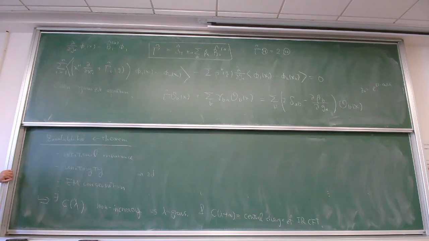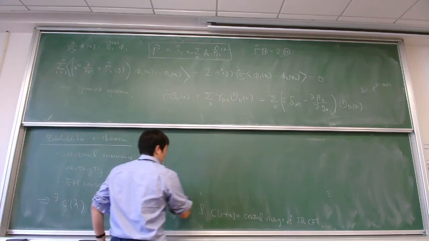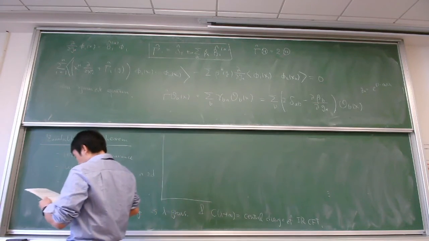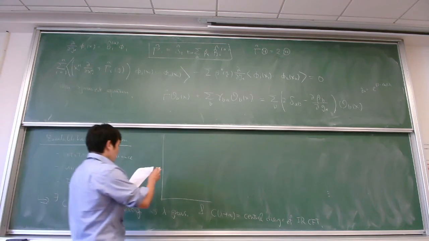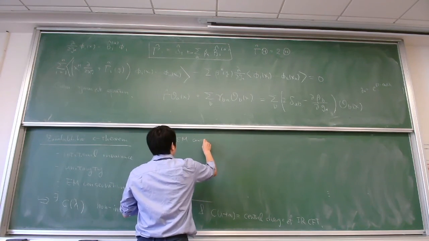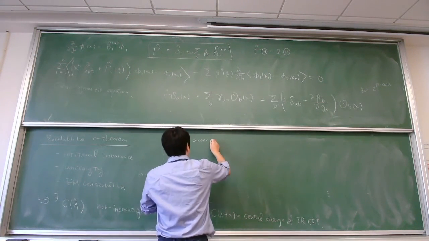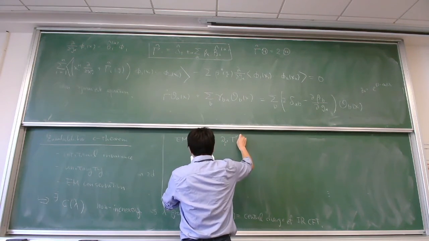So that's the theorem of Zamolodchikov, and we will prove it by using the Callan-Symanzik equation. Okay, so we know the energy momentum conservation, which is the divergence of T mu nu equal to 0.